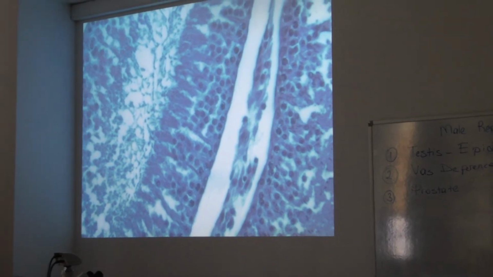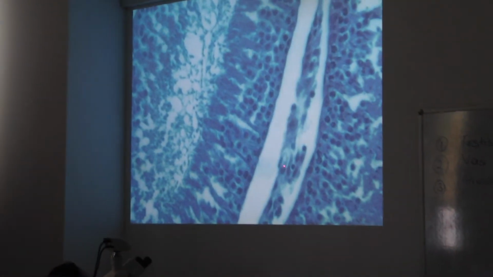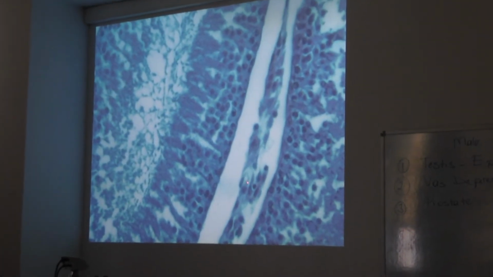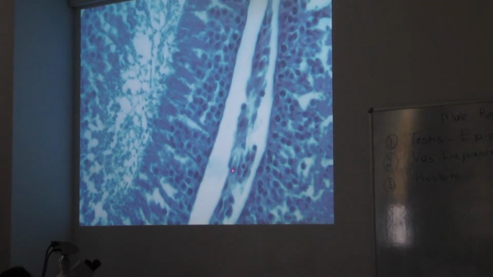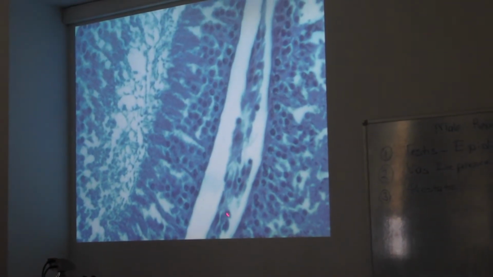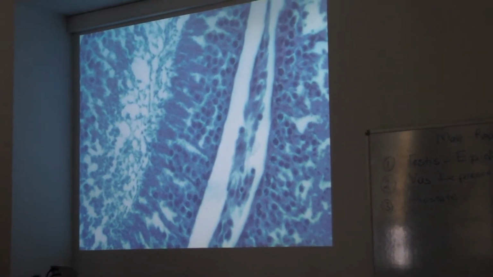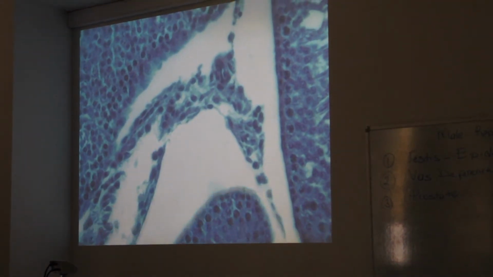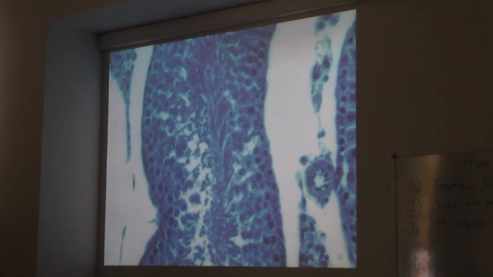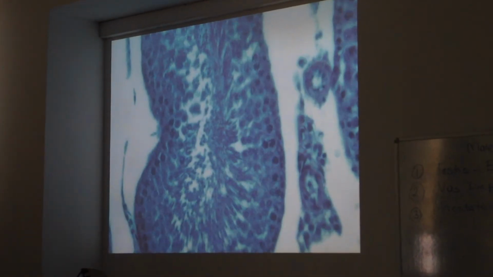And in interstitial area, we can see round Leydig cells with acidophilic cytoplasm and round nucleus, mostly eccentric, not located in the center but periphery. Here we can distinguish. So these are the cells we want you to observe today.